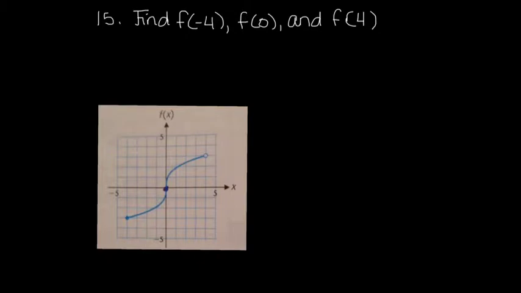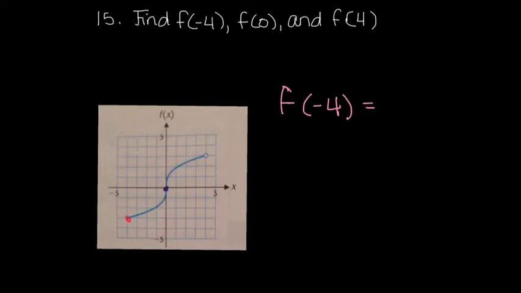To find these particular values of the function, what I'm interested in finding are the corresponding y values when the domain values are negative 4, 0, and 4, respectively. So to find f of negative 4, I find where the function has an x value of negative 4. Here's where x is negative 4.